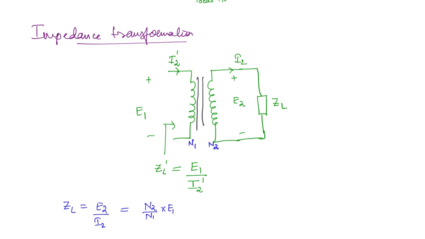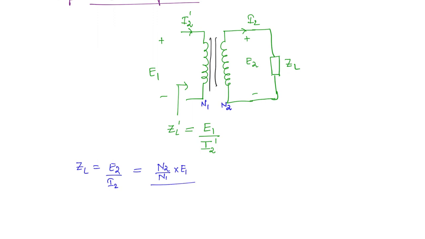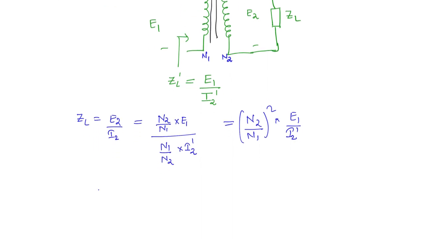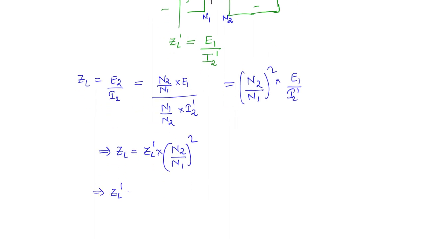Next I2 you can write in terms of I2 dash as N1 by N2 into I2 dash. So this is going to be N2 by N1 whole square into E1 by I2 dash. But what is E1 by I2 dash? It is ZL dash. So finally you are going to get ZL in terms of ZL dash as ZL dash into N2 by N1 whole square, okay. So ZL dash is going to be ZL into N1 by N2 whole square.